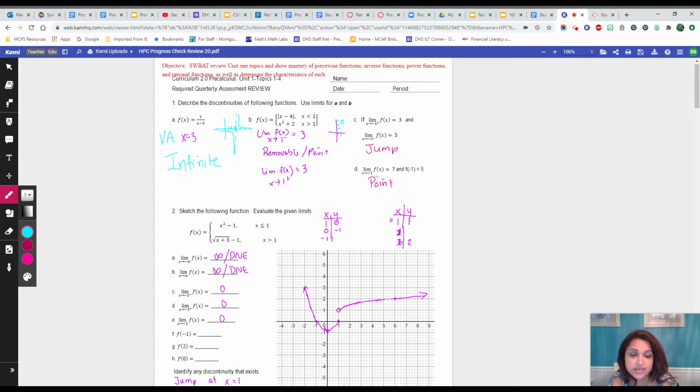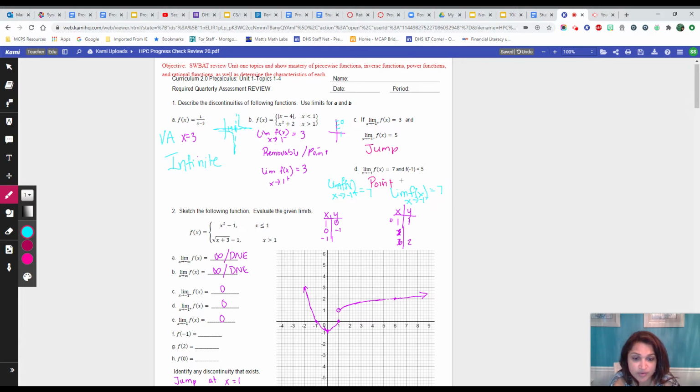And this last one says the limit of the function as x approaches negative 1. That means the limit of the function as x approaches negative 1 from the right equals 7, and the limit of the function as x approaches negative 1 from the left is also 7.